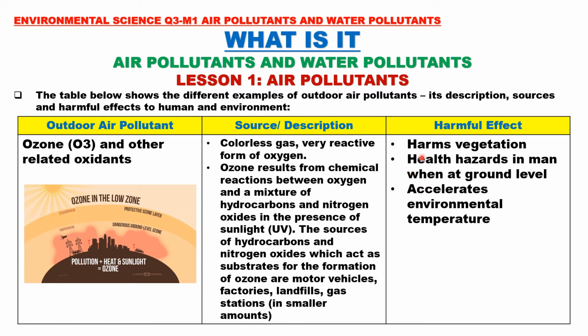Harmful effect: it harms vegetation, it's a health hazard to humans when at ground level, and it accelerates environmental temperature. Ozone in the troposphere can cause an increase in atmospheric temperature, so it is a source of global warming.